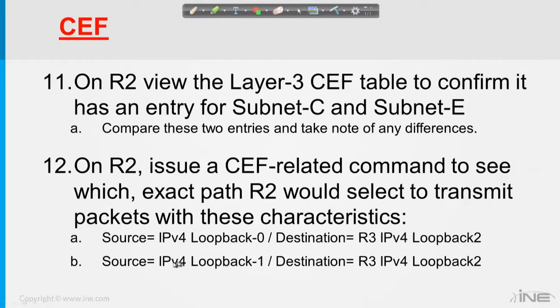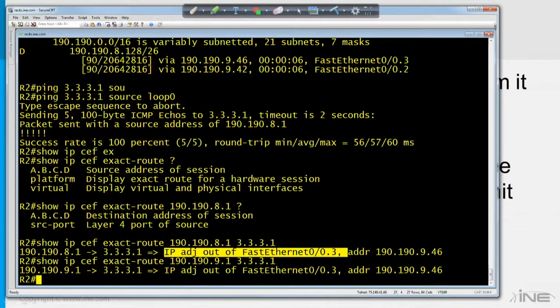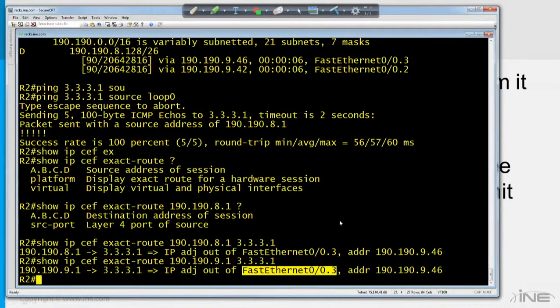Second part, what if it used loopback 1 as its source, going to that exact same destination? Well, loopback 1 is the 9.1 address. In this particular case, that would go out the exact same interface.